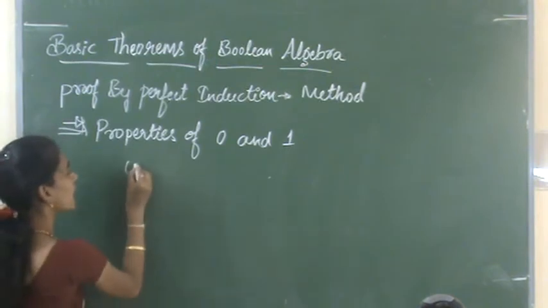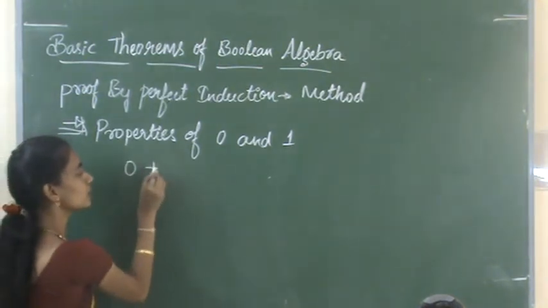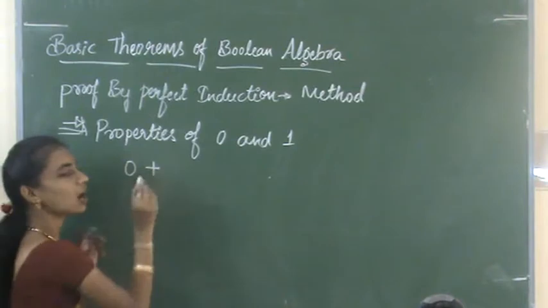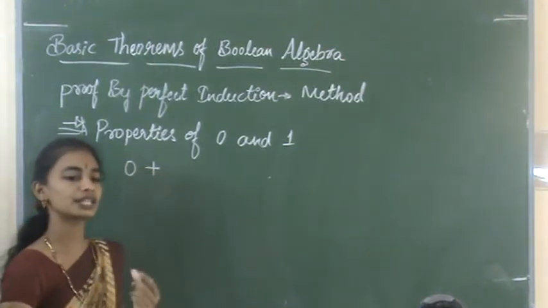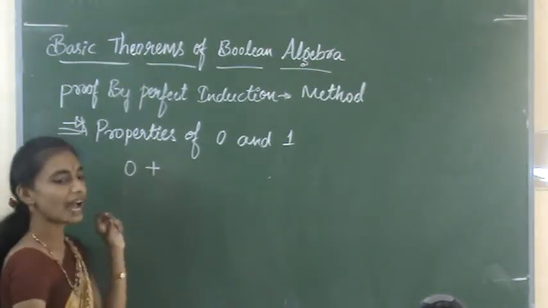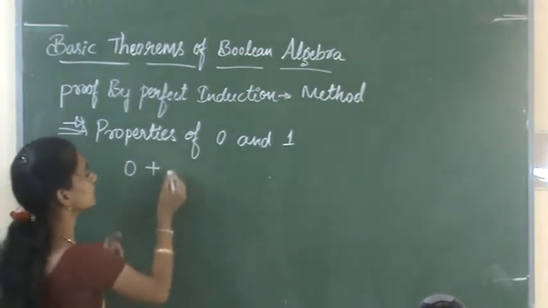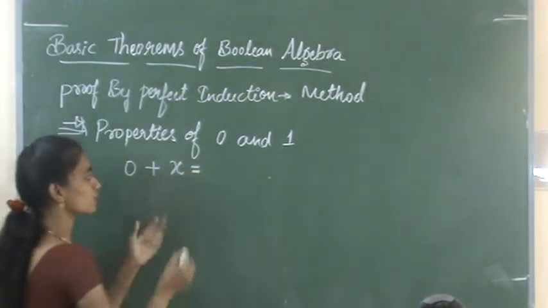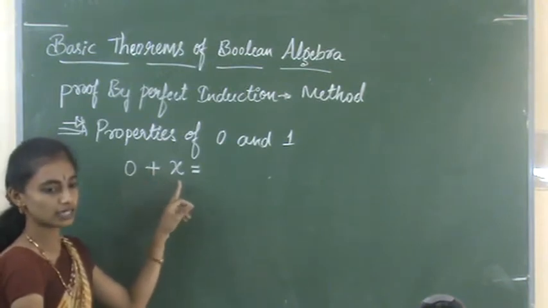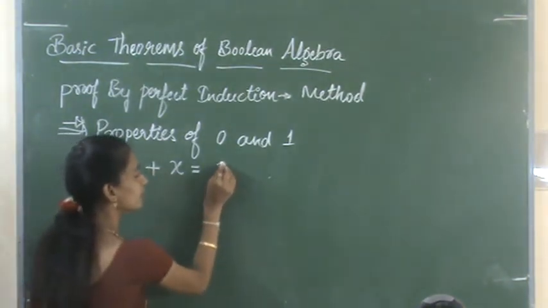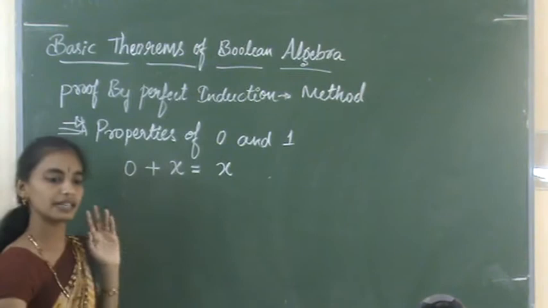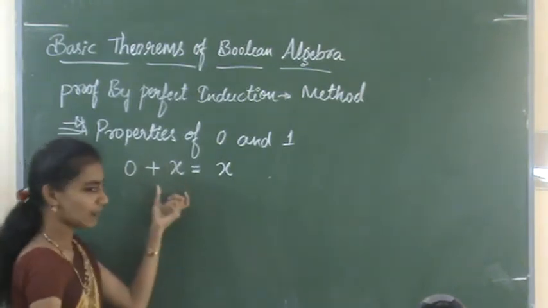If we add 0, add means we use the OR operator, logical addition means OR. So if we add 0 with x, we will get the value of x as the result.